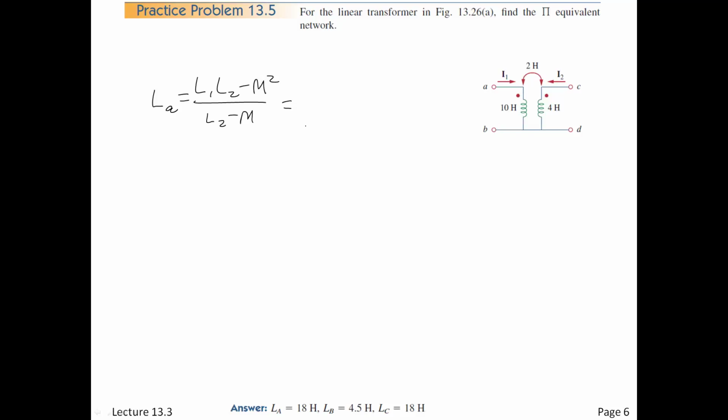So let's just plug and chug. That's pretty much all this is. And that's the beauty of the equivalent circuits. The T, in some cases, is a much easier circuit, right? So L1 L2 is 40 minus M squared. That's 2. And we're talking henries now, right?